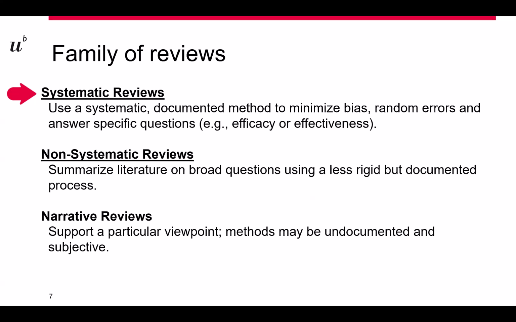These aspects are in general that they use systematic documented methods to minimize bias, random errors, and answer specific questions. Usually, these type of articles are referred to efficacy or effectiveness, but not exclusively to this.